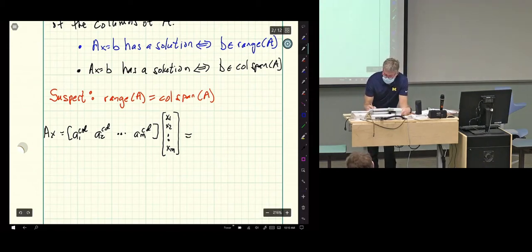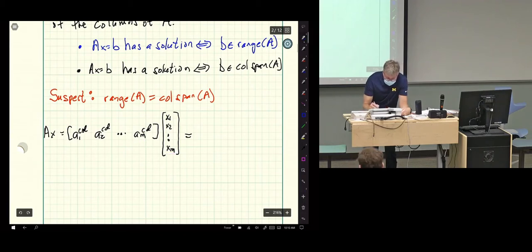Okay, so using our column times row definition of matrix times matrix multiplication, because this is just an M by 1 matrix, we take this column times this row plus this column times this row, dot, dot, dot, this column times this row.